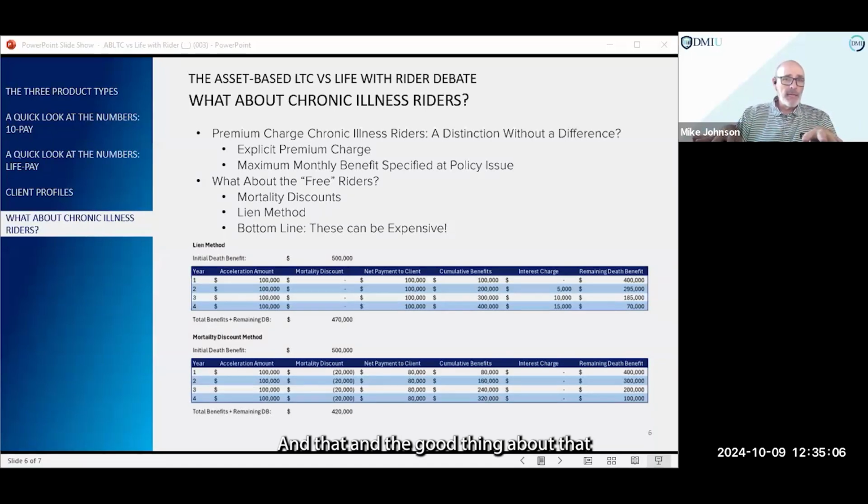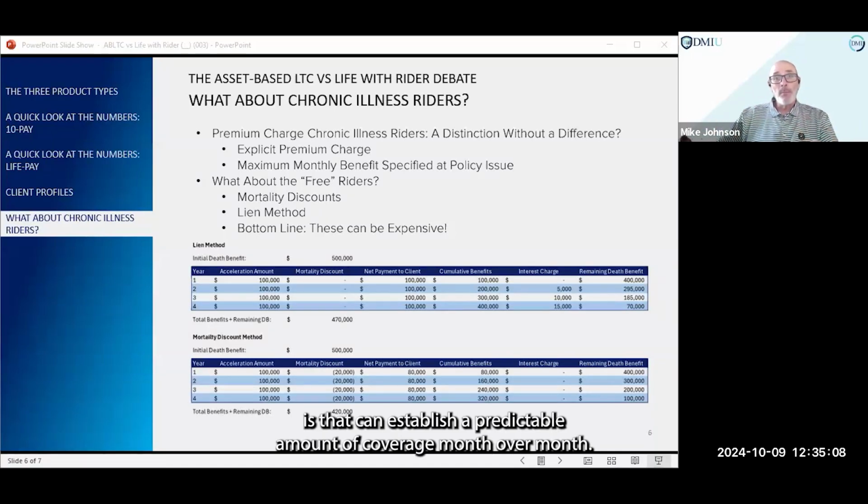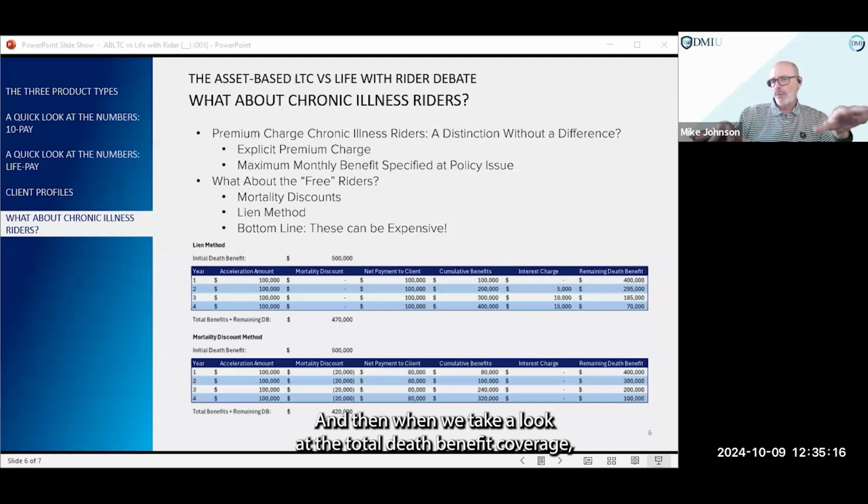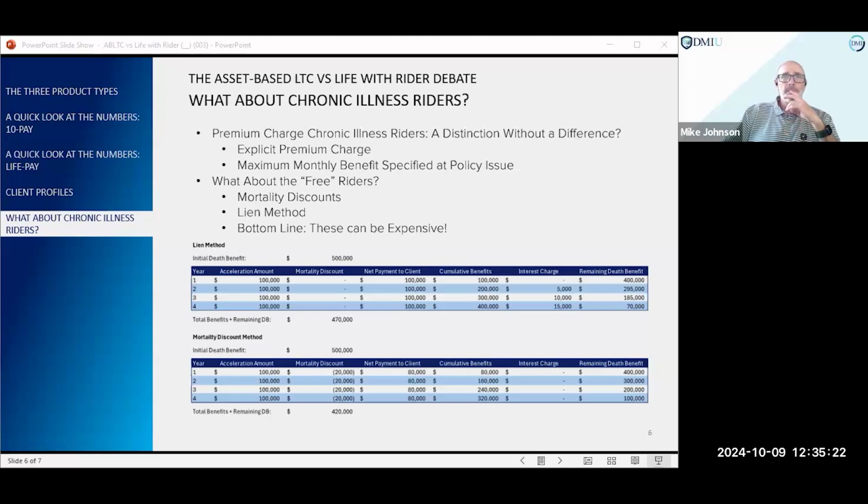And the good thing about that is that it can establish a predictable amount of coverage month over month. But these riders can certainly be costly. And then when we take a look at the total death benefit coverage, in some cases, it might be cost prohibitive to have that rider included.